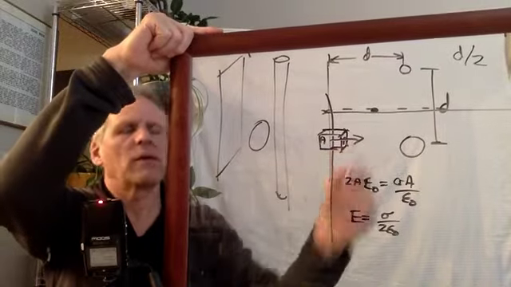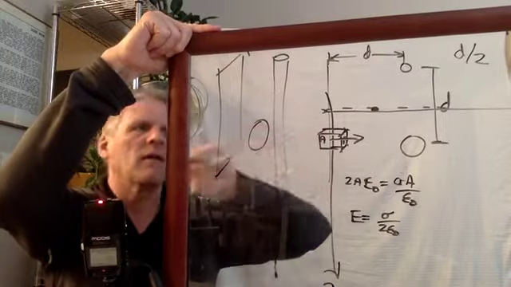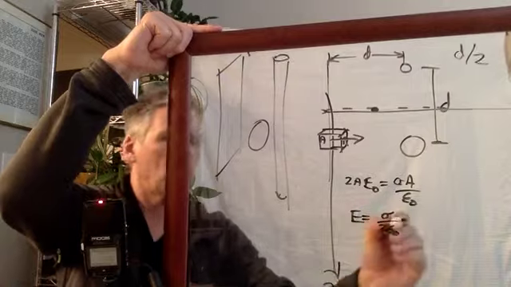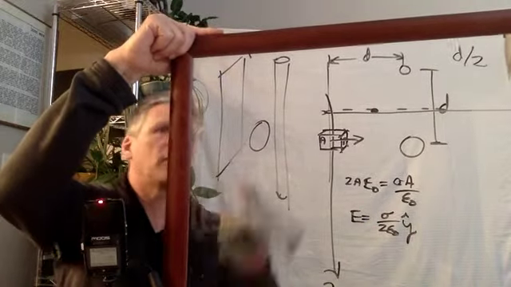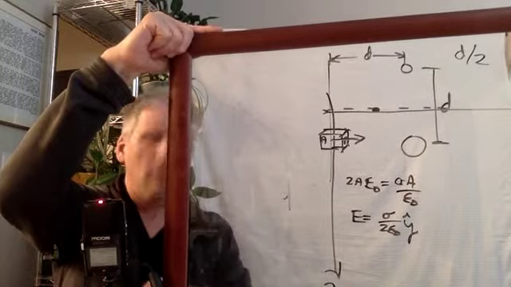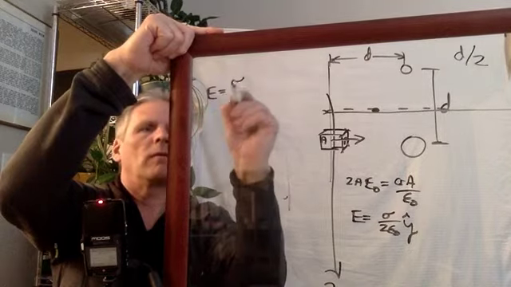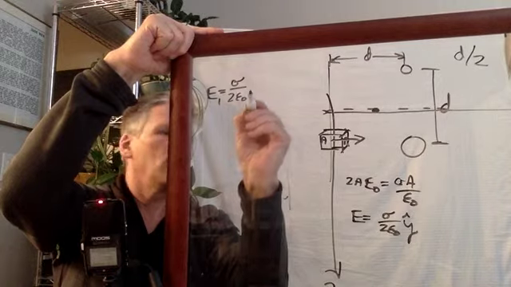We don't know what sigma is yet, but if sigma is positive, this is positive, which means it is normal to the surface here. So for our purposes here, it is in the y hat direction. Okay, so we are done with the first part. E1 equals sigma over 2 epsilon 0 y hat.